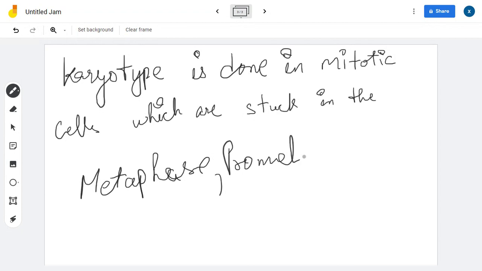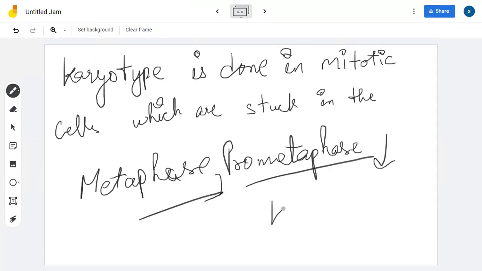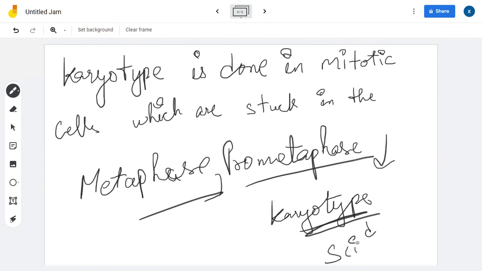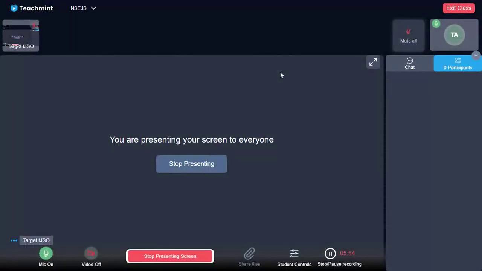So the cells which do not go further and are stuck in prometaphase or metaphase undergo the process of karyotype. This process is not done naturally. This is done by some scientists, or you can say doctors also. So here he is saying this.